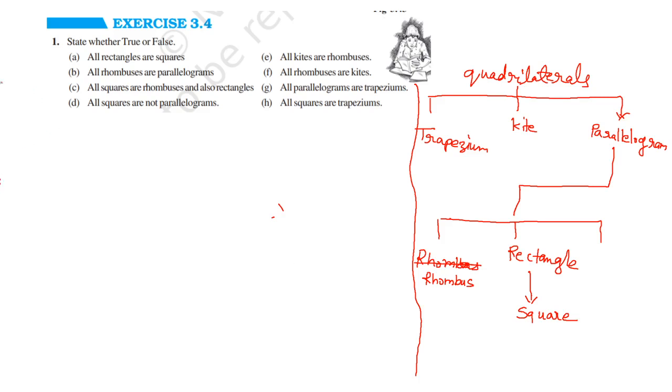State true or false. First, all rectangles are squares. Here, with the help of this flow chart, we can see that a square is a special rectangle.